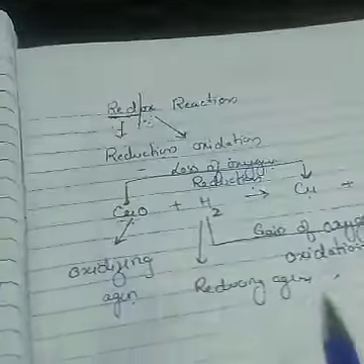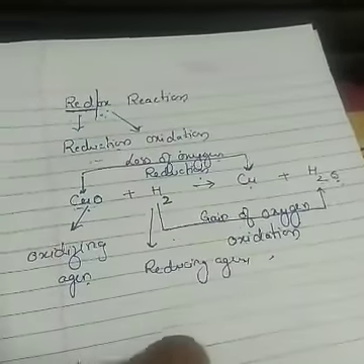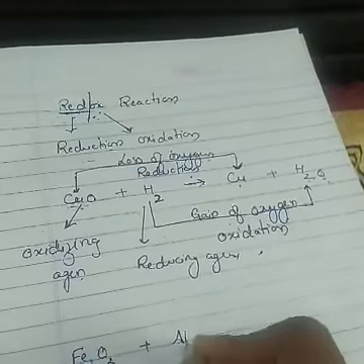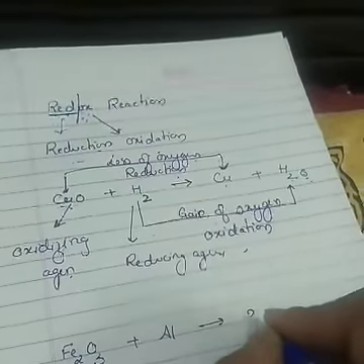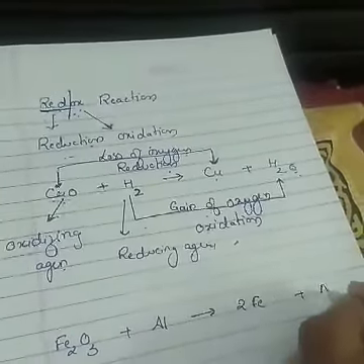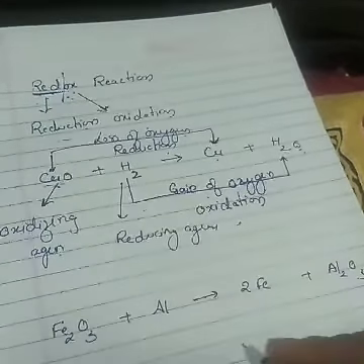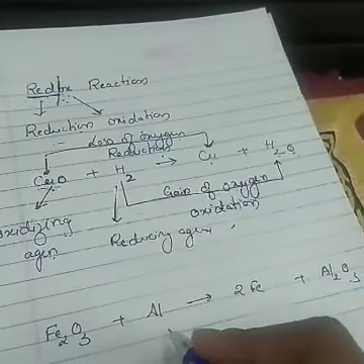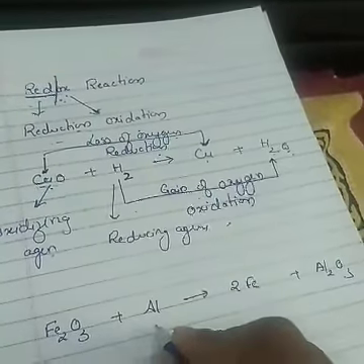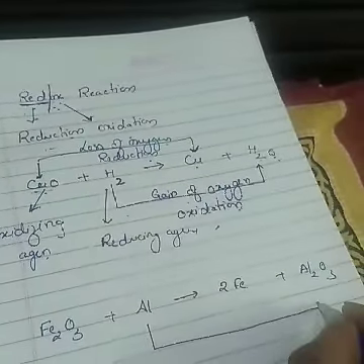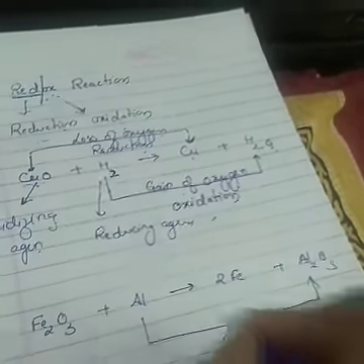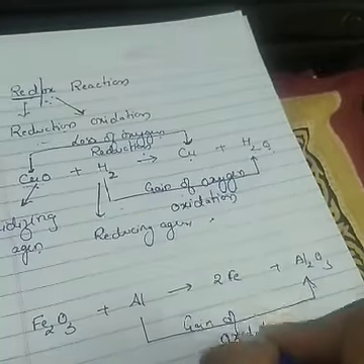One more example: Fe2O3 plus Al gives rise to 2Fe plus Al2O3. See, aluminium has gained oxygen. So oxidation is taking place, gain of oxygen.